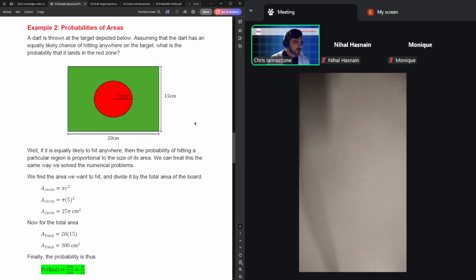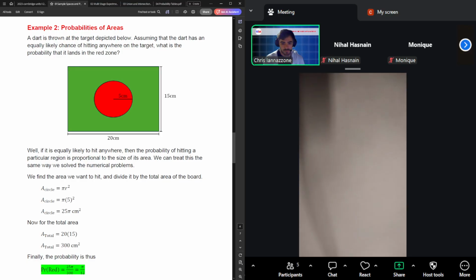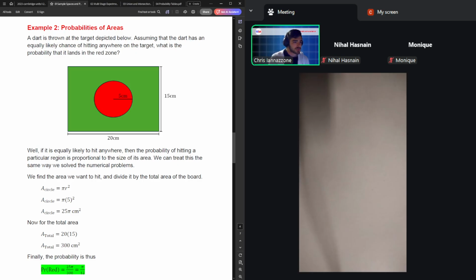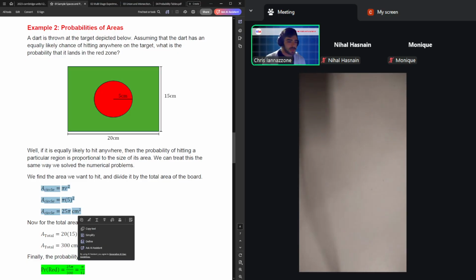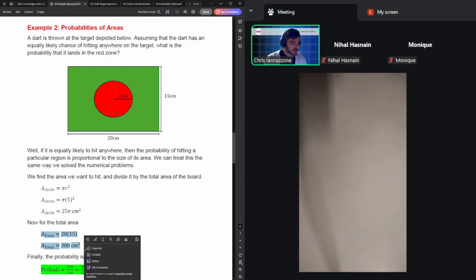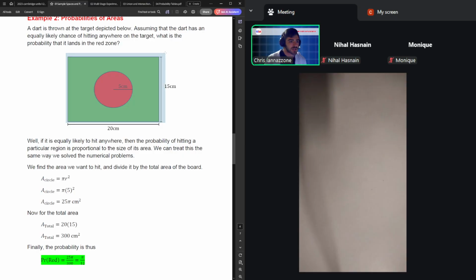As for when you get your probabilities of areas, it's a very similar idea, but instead of having discrete outcomes, you start thinking about things in terms of desirable area versus total area. So if you wanted to, for instance, find the probability of a dart hitting the red in this dartboard, what you want to first do is figure out the area you're trying to hit, which in this case is the area of the circle, and then the total area, which is going to be the entire dartboard itself.